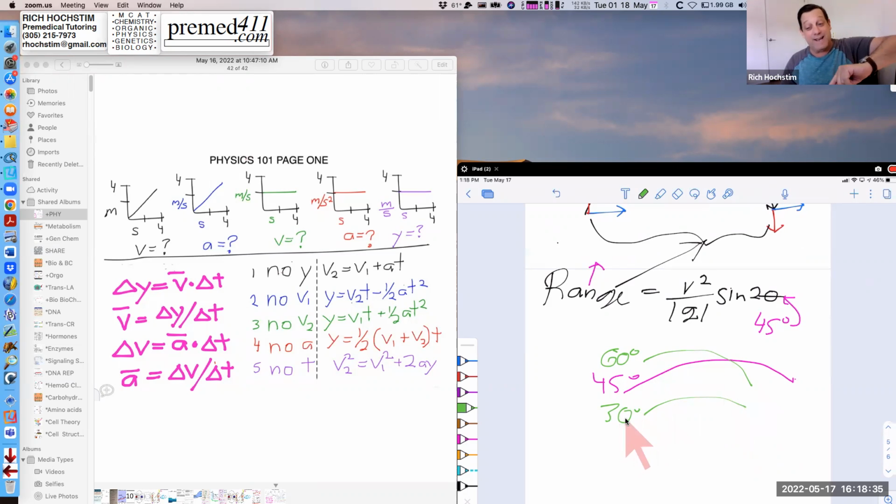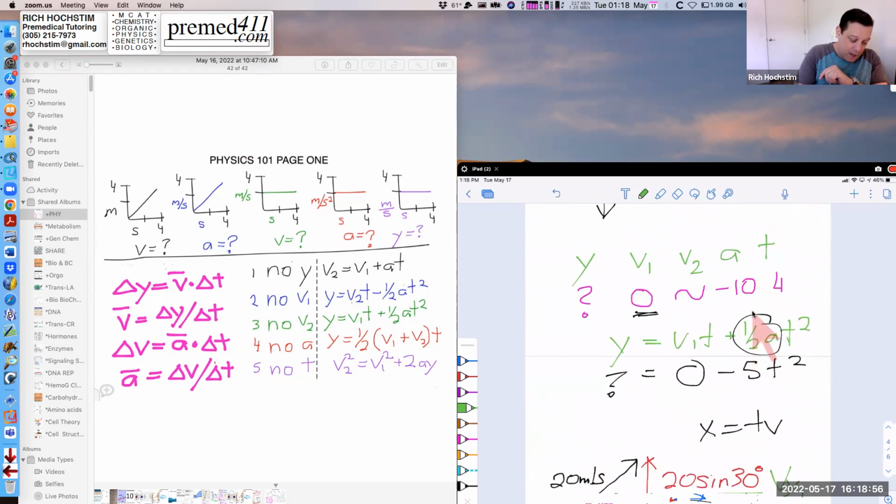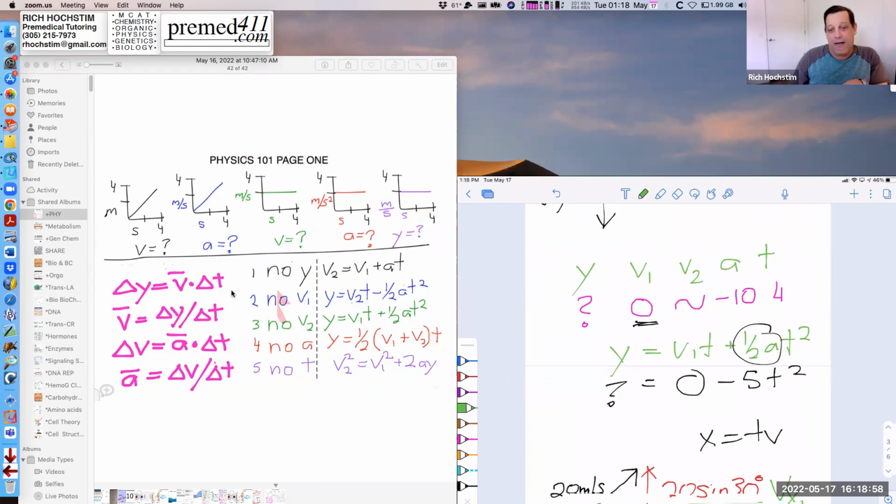And at 30 degrees, it will be in the air shorter, but it'll be going faster, but it's not going to be optimum. So 45 is going to be optimum. And you can do this calculation with the range equation. They could give you nice numbers, so they could ask it. Or you can use any of these equations that we have up over here.